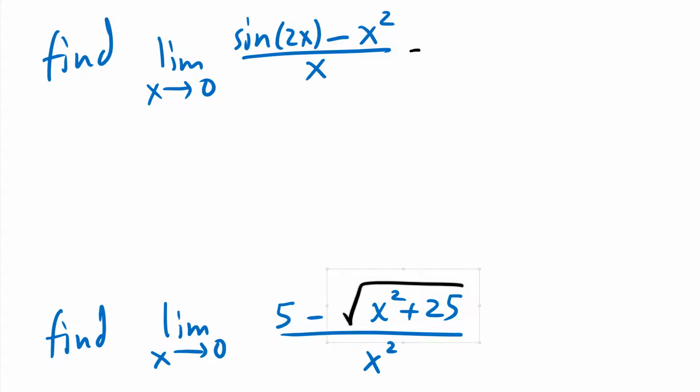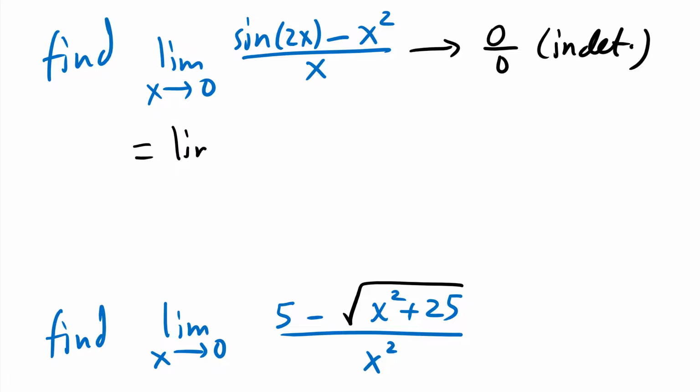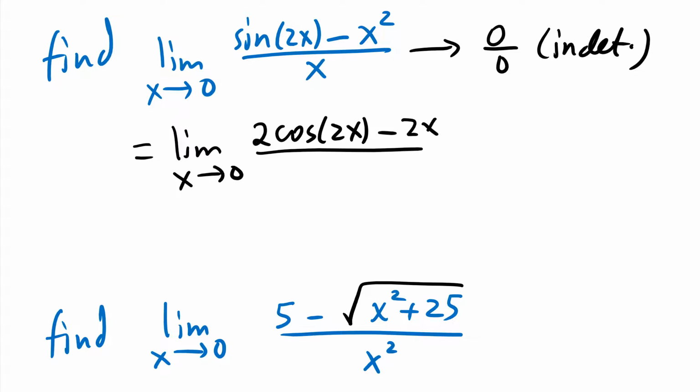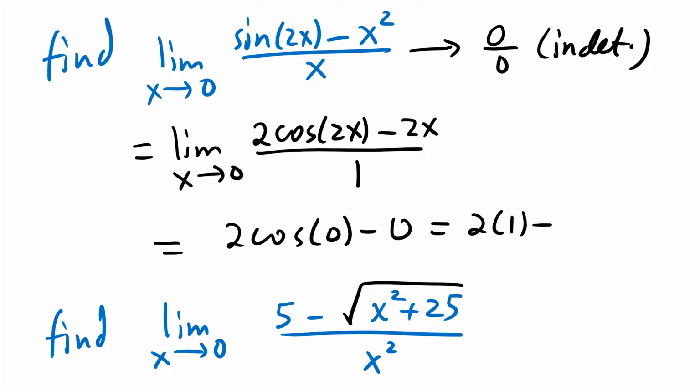If you pass the limit to this, you will get 0 over 0, which is indeterminate. Then we can use L'Hopital's rule. L'Hopital's rule is the derivative of the top, 2 cosine 2x minus 2x, over 1. If you pass x to 0, that will give us 2 cosine 0 minus 0, 2 times 1 minus 0, so that's 2.